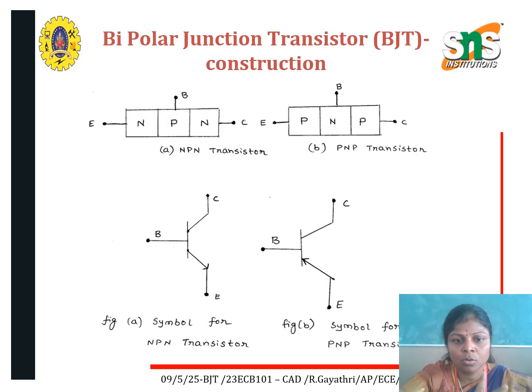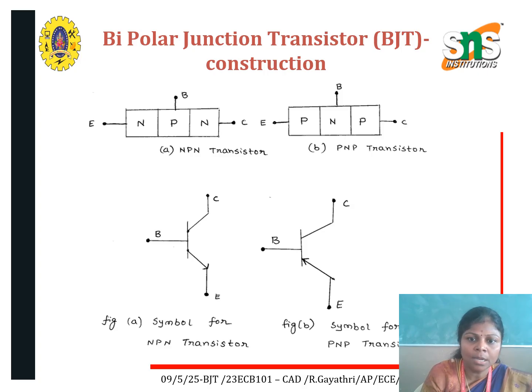Coming to the construction of BJT, it has two types, which are NPN and PNP. In NPN type, we have N type material as the outer layers and P type in the middle. From the N type the emitter is taken out, and from the other N type the collector is also taken out. From the middle P type layer, the base is taken out. So the BJT has three terminals: emitter, base and collector.